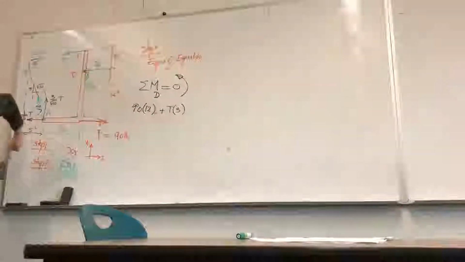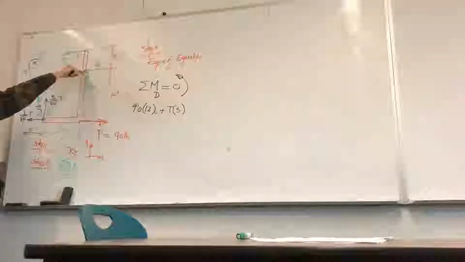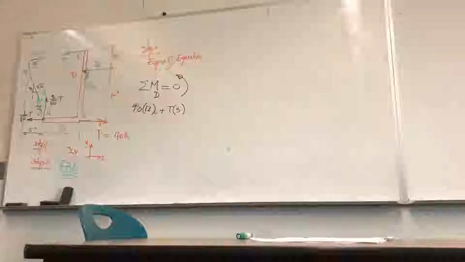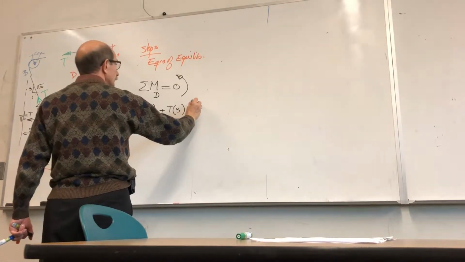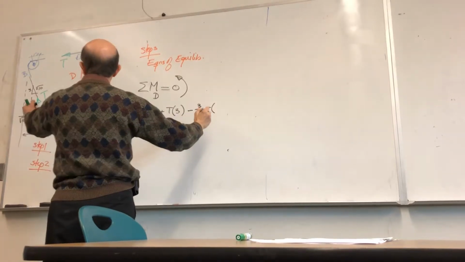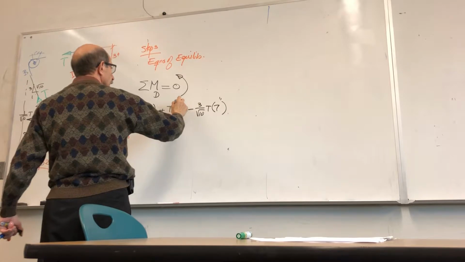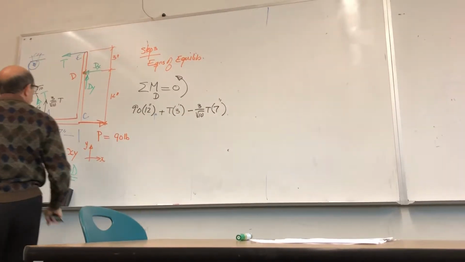This one makes a negative moment because it turns clockwise about point D, so that will be negative 3 over square root 10 T times this distance, 7 inches.